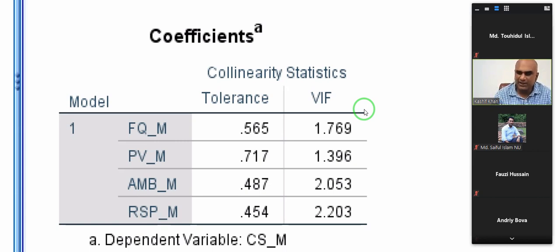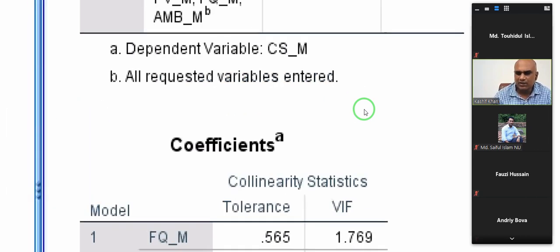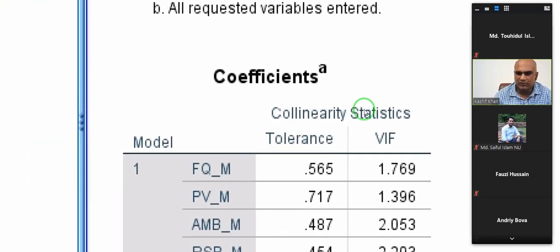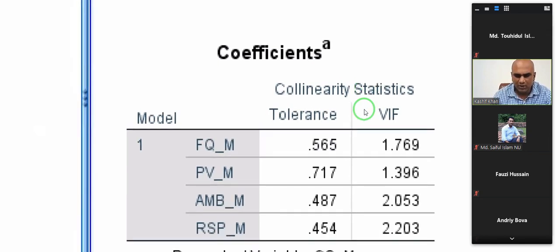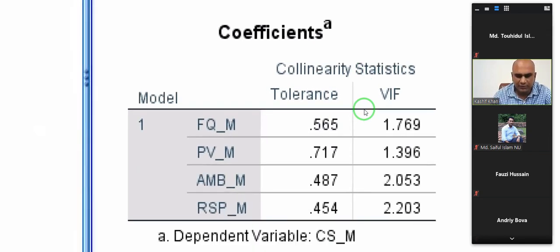Because there are multiple variables involved in this model, we call it multicollinearity. So if the VIF value is less than 3.3 or some say 3, then we can say there is no multicollinearity issue. Likewise, if the tolerance value is, I believe, below 0.80, something like that, then we can say there is no VIF issue, that there is no correlation issue. Okay.